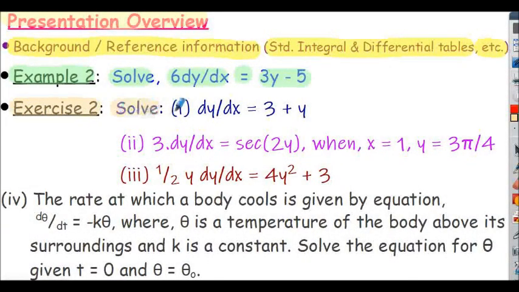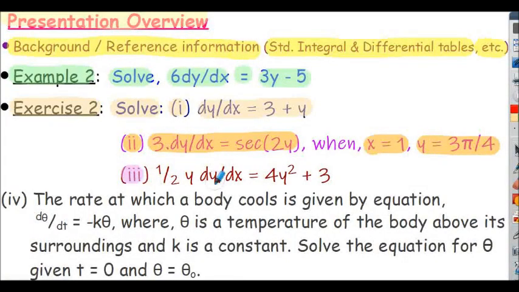Firstly, we solve the differential equation dy by dx is equal to 3 plus y. The second part of exercise 2, we solve the equation 3 times dy by dx is equal to sec of 2y. We're also given an initial condition, x is equal to 1, y is equal to 3 pi divided by 4.